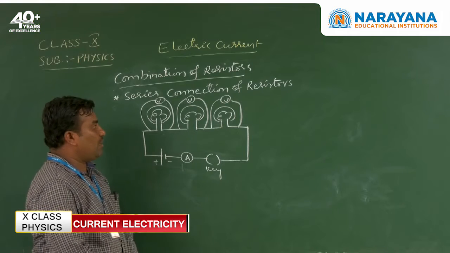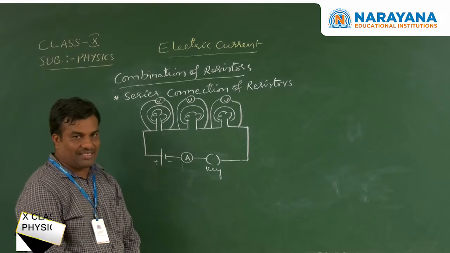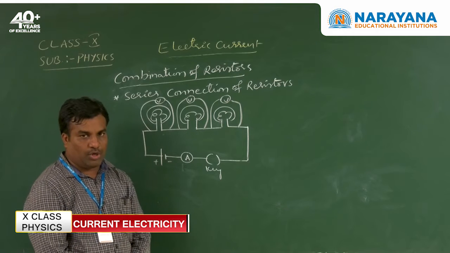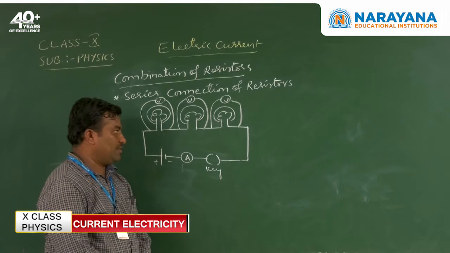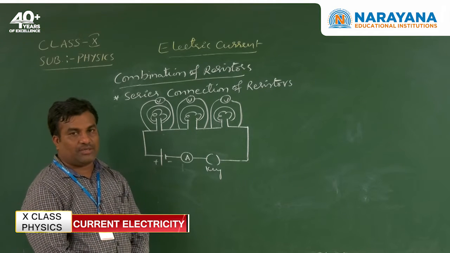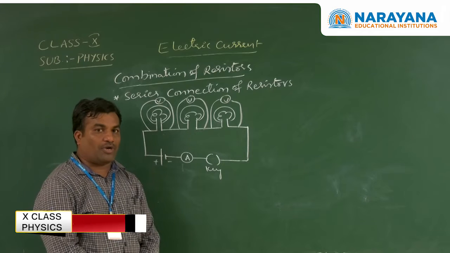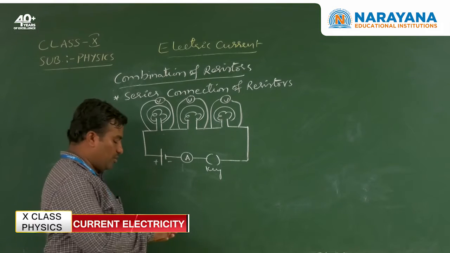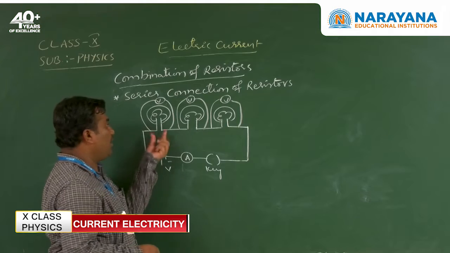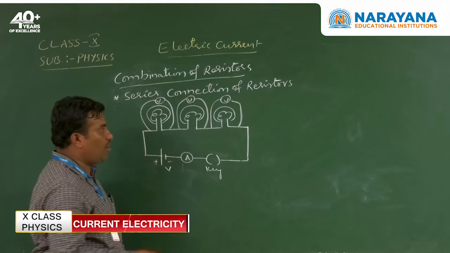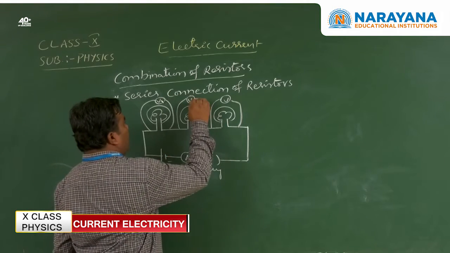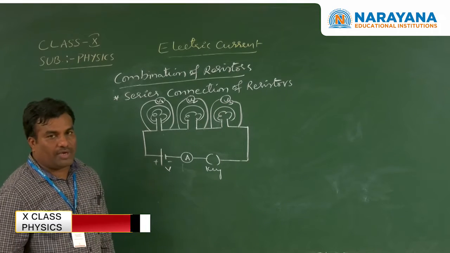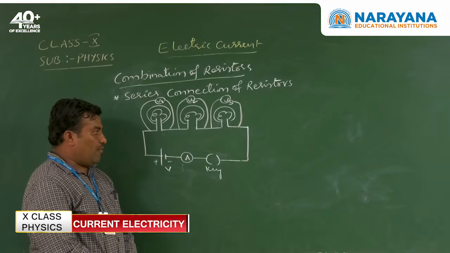Now we can take the resistance readings of the bulbs individually using a multimeter and note them down in the notebook. Next we find the potential differences across the battery terminals and across the individual bulbs: V1, V2 and V3.